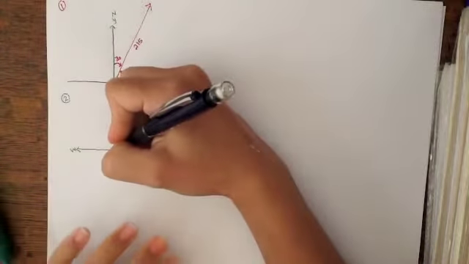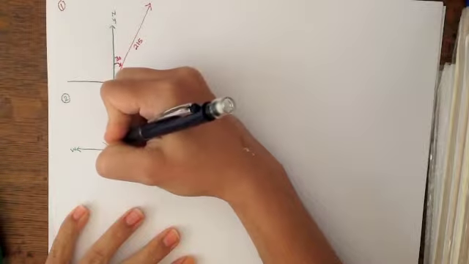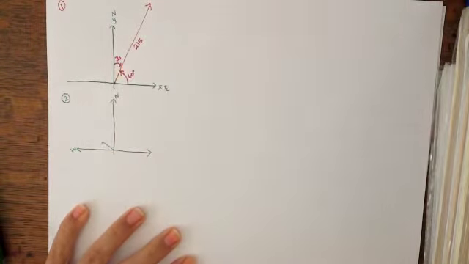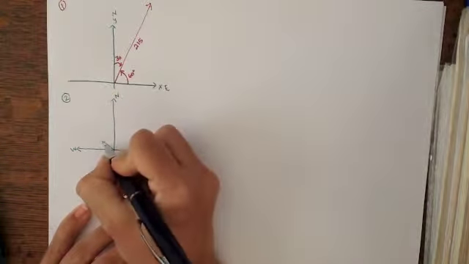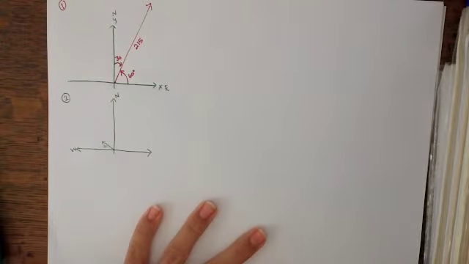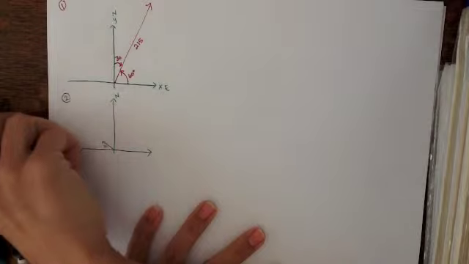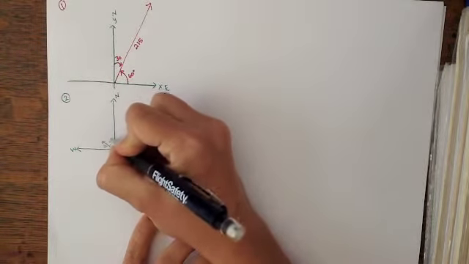Now notice my wind vector is substantially smaller than my plane vector. This wind vector is only 30 miles per hour, where my plane vector was 215 miles per hour. This rotation in here was 60 degrees.